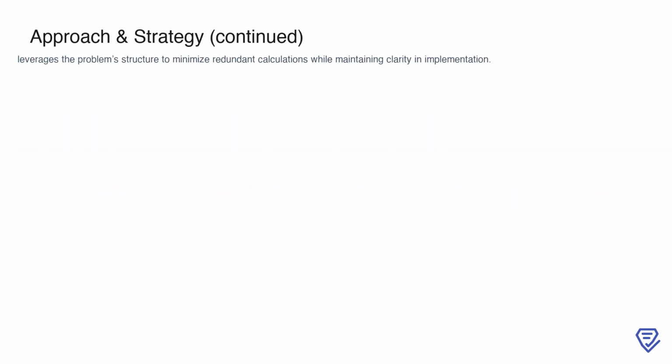The conclusion is clear: the optimized dynamic programming approach is the best solution for this problem. It efficiently handles the computational challenges by leveraging the grid structure. By minimizing redundant calculations and maintaining clarity in its implementation, this method achieves an impressive O(n squared) time complexity.